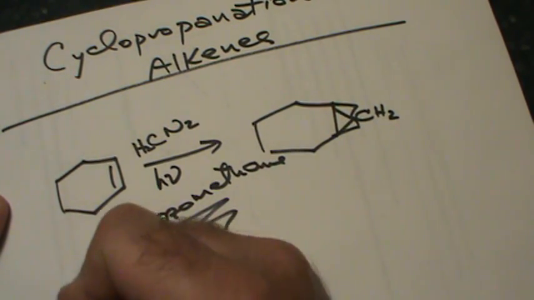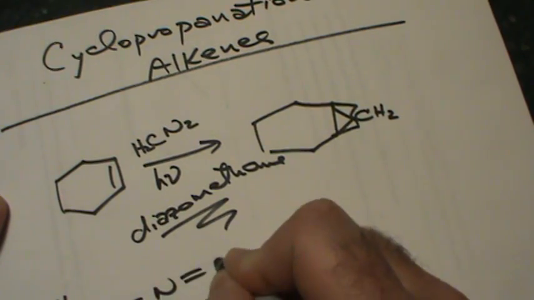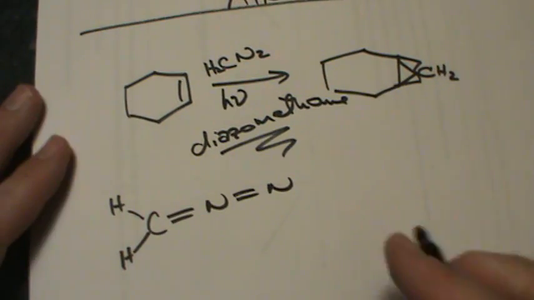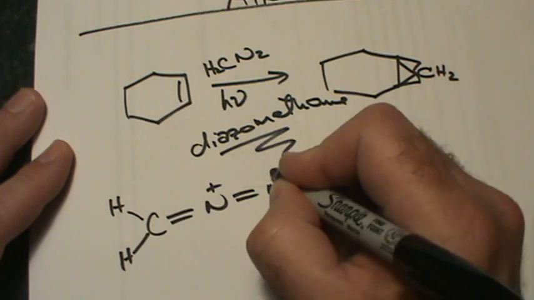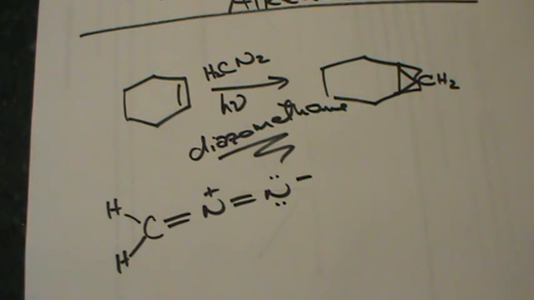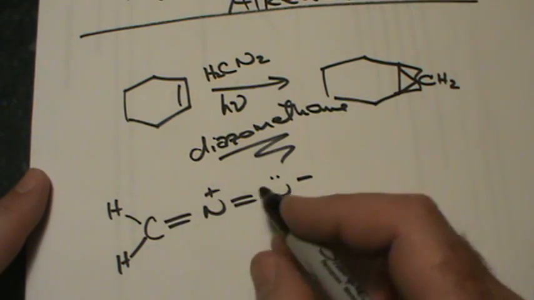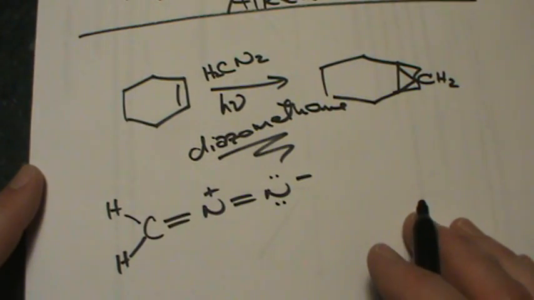Let's take a careful look at diazomethane. It's a very interesting compound. There are numerous different resonance forms that we could draw for diazomethane, but here's one. In this particular resonance form, we have again a dipolar structure, meaning that there's, in this case, a nitrogen atom that's negatively charged and one next door which is positively charged.